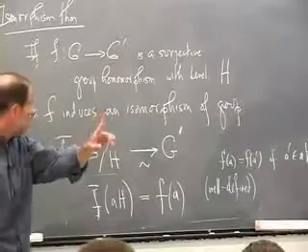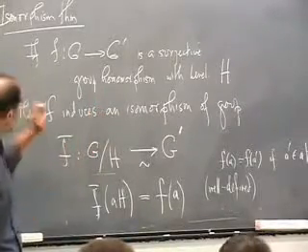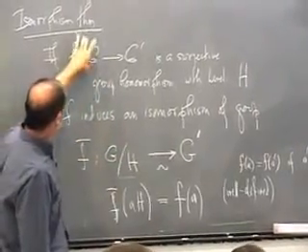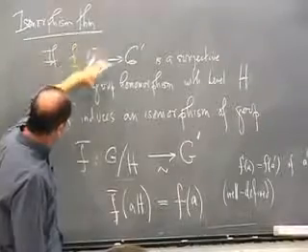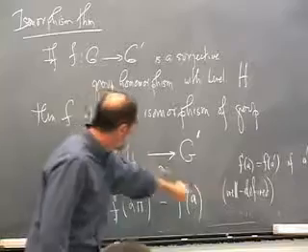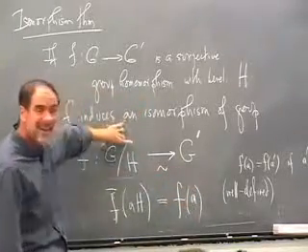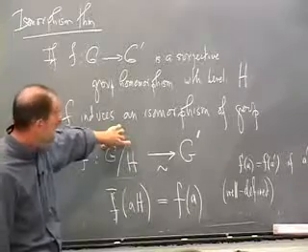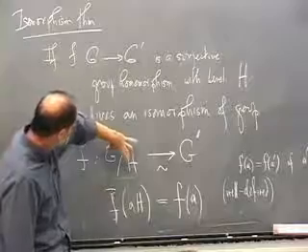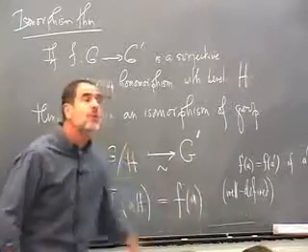And it has a trivial kernel, because the original kernel was the subgroup H, but H has been collapsed down to the identity in this group. So the only things that map to the identity in G prime are in the coset H, which is the identity element of this group. So I've got a construction that somehow collapses the kernel down and makes a new group where now I have a trivial kernel and the same essential homomorphism.